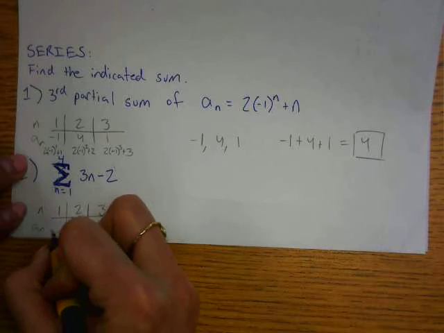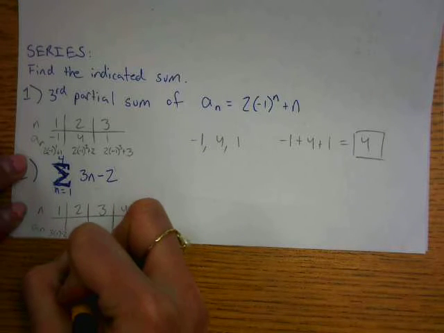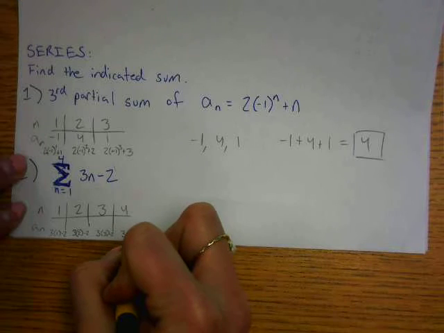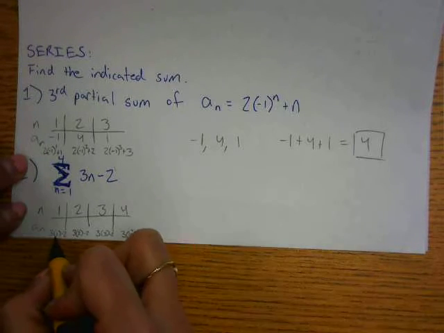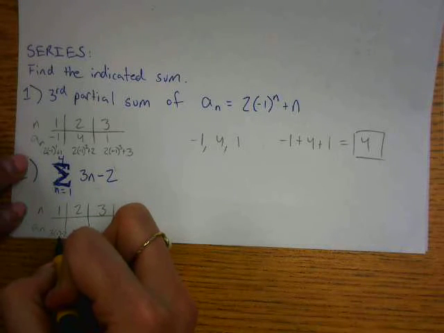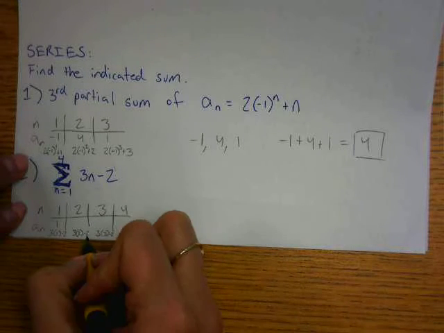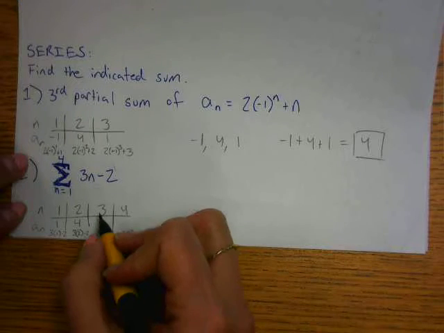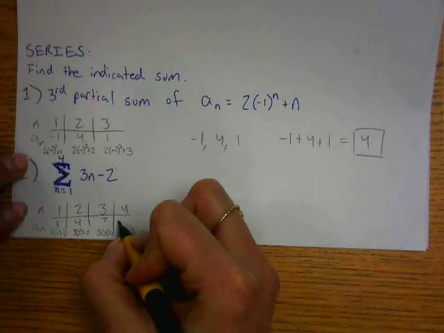So we'd say 3 times 1 minus 2, 3 times 2 minus 2, 3 times 3 minus 2, and for the fourth one, 3 times 4 minus 2. And that would give us, oh sorry, 3 times 1 is 3, minus 2 is 1, 3 times 2 is 6, minus 2 is 4, 3 times 3 is 9, minus 2 is 7, and lastly 3 times 4 is 12, minus 2 gives us 10.